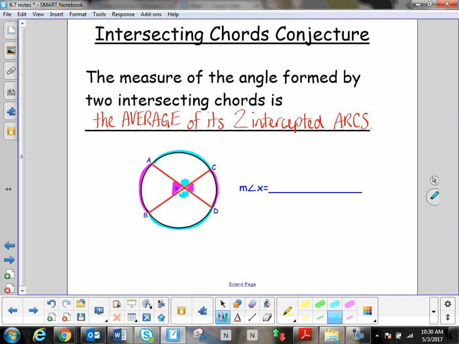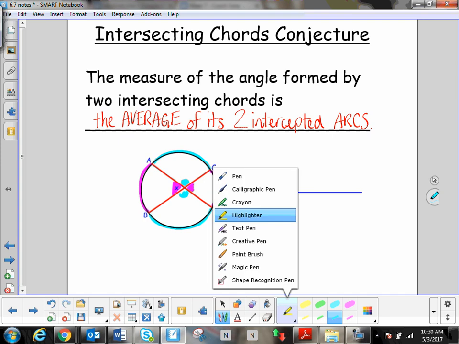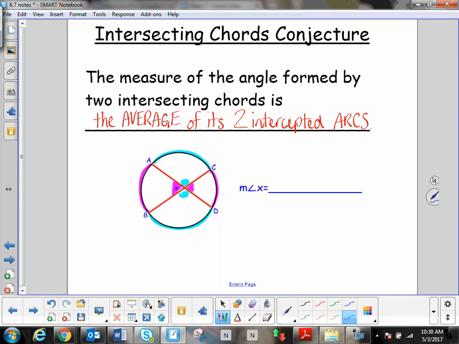So to just write out a simple formula here: the measure of angle X is the measure of arc AB plus the measure of arc CD, divided by 2. That's how you find the average, right?